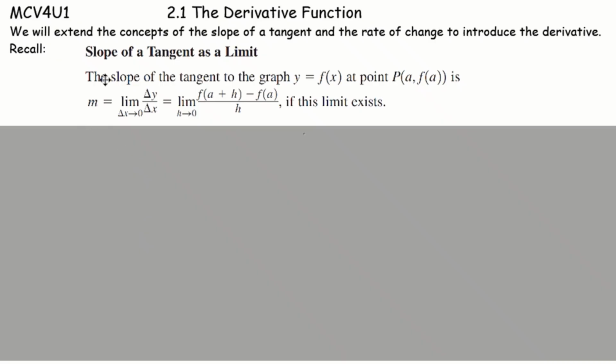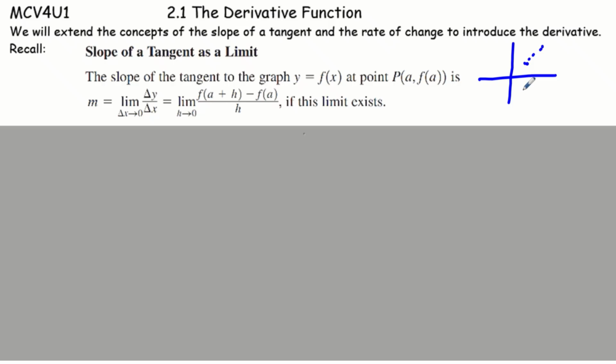So the slope of a tangent as a limit, the definition is m equals the limit when delta x approaches 0 of delta y over delta x, which equals the limit when h approaches 0 of f at a plus h minus f at a, all over h. This is just the slope of a secant when the 2 points are closing to each other.